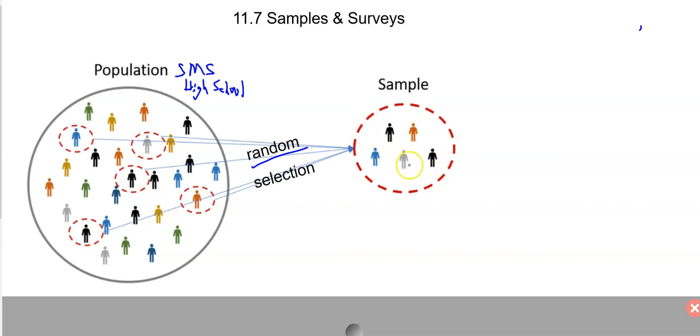Now, the thing about a sample is, let's just say that you find that Justin Bieber is the favorite band of everyone at St. Mary's. You cannot extrapolate that beyond the population of St. Mary's.